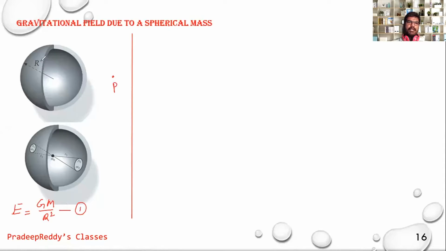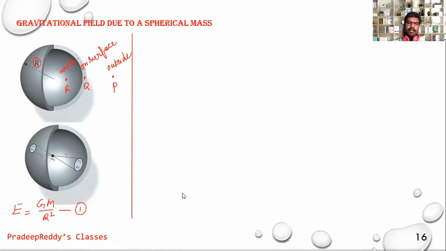Now consider this is a sphere of radius R, and this point is outside the sphere, and let me consider this point Q which is on the surface, and let me consider another point inside, and this is r inside the sphere. So I want to now calculate gravitational field due to these 3 points: inside the sphere, outside the sphere, and also on the surface of the sphere.